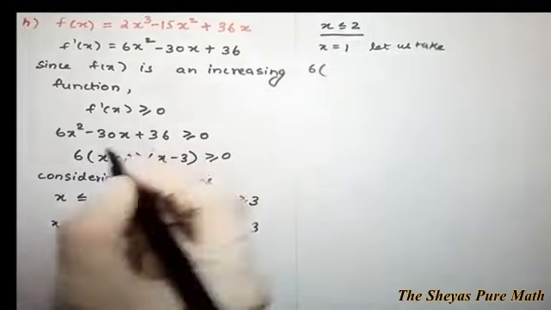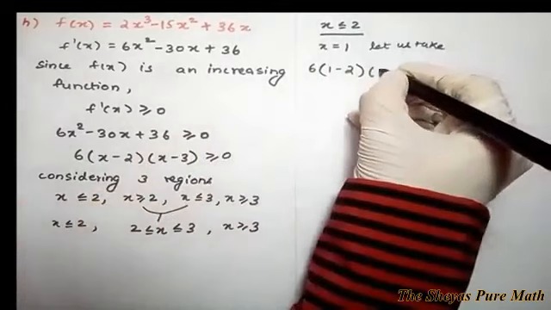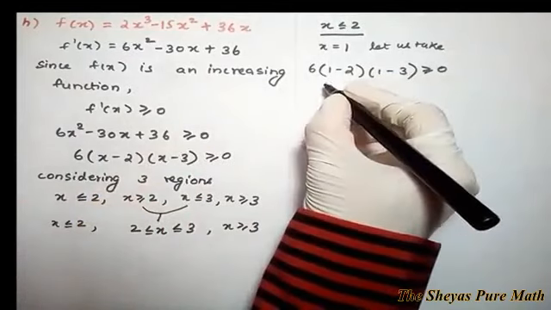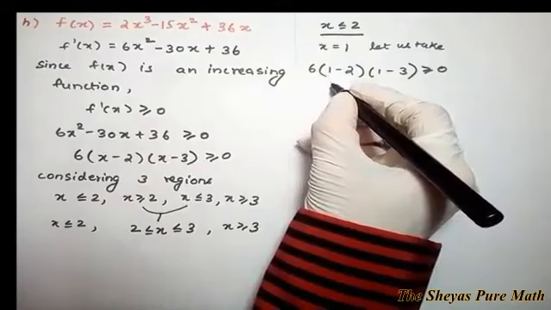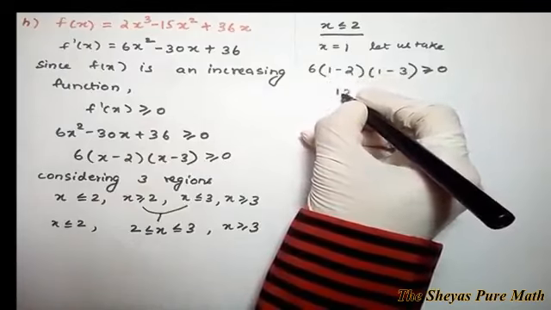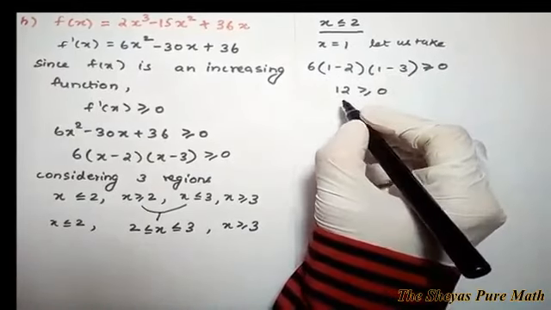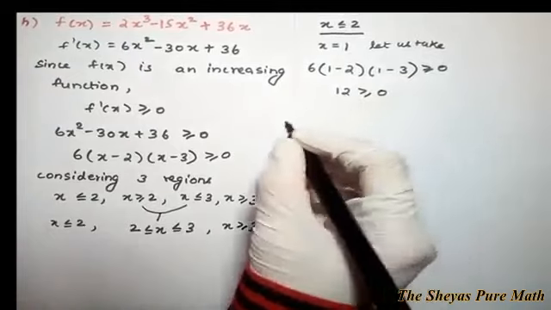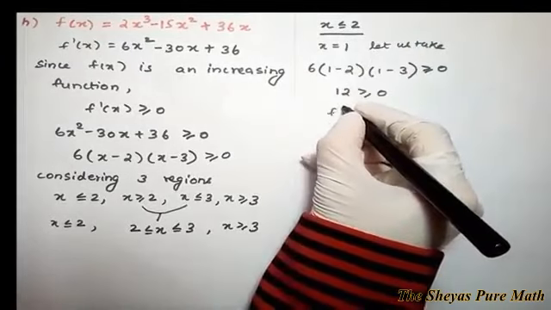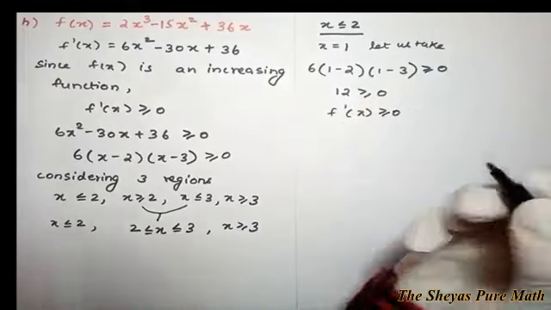So 6 into 1 minus 2, 1 minus 3 greater than or equal to 0. So what will you get? When you multiply all these values, you will be getting 12 greater than or equal to 0. So 12 is greater than or equal to 0, and we can conclude that for any values less than or equal to 2, this inequality f dash of x is greater than or equal to 0.